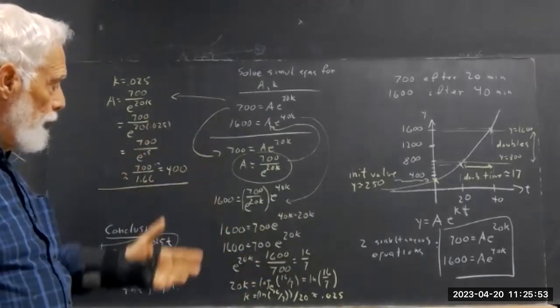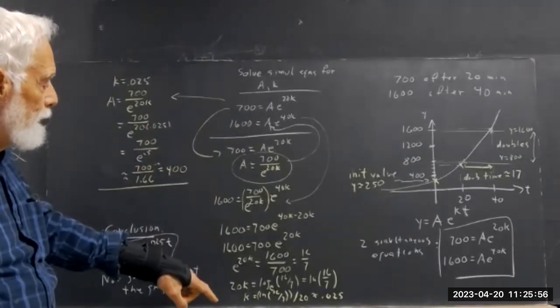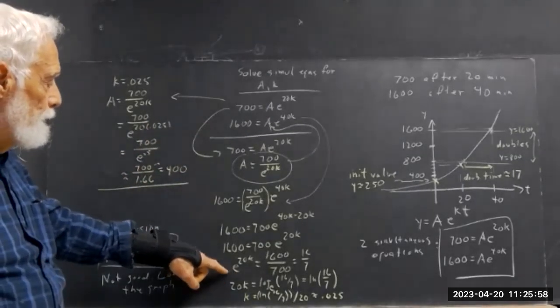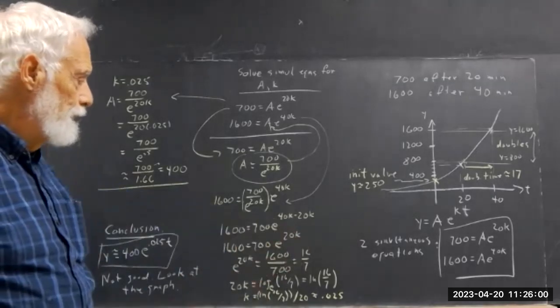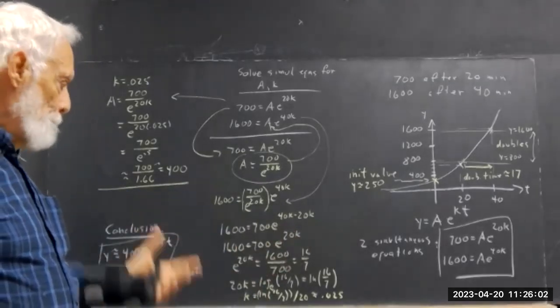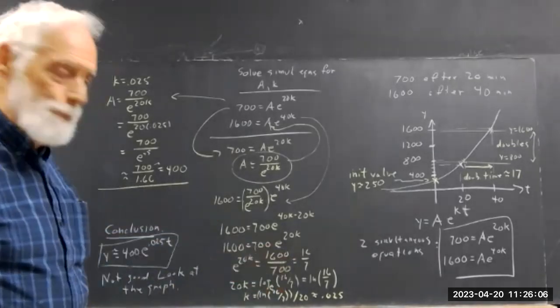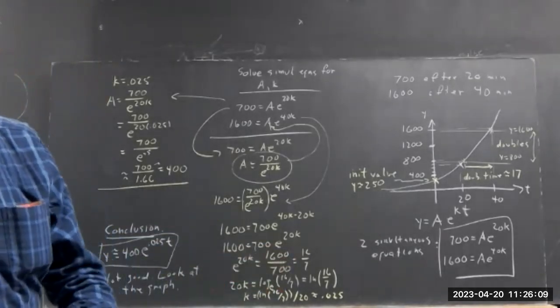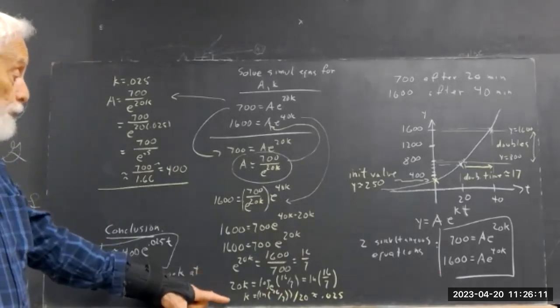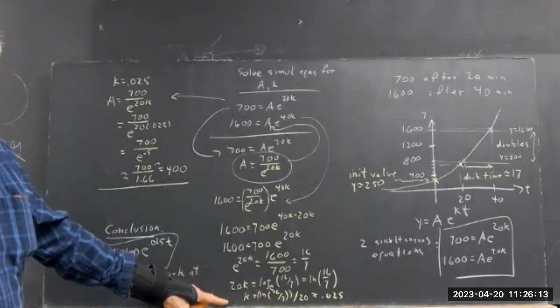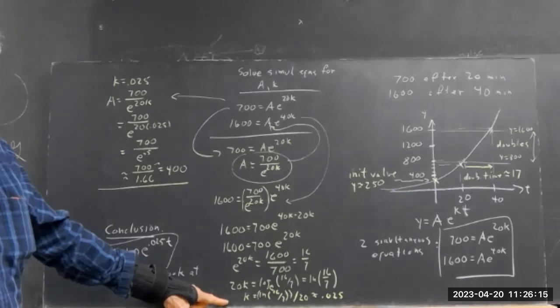When you have the equation 20 e to the 20k equals 16/7, then it should be completely obvious that you convert that to logarithmic form. And once you do, it's easy. Keep your wits about you and don't make a bad estimate like I did.